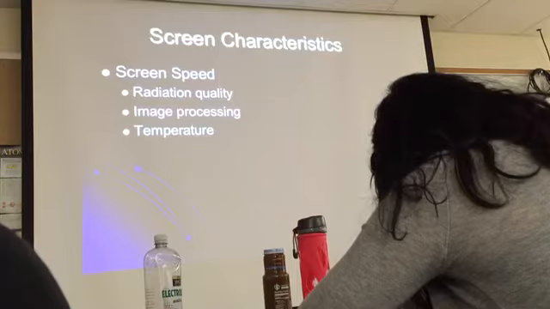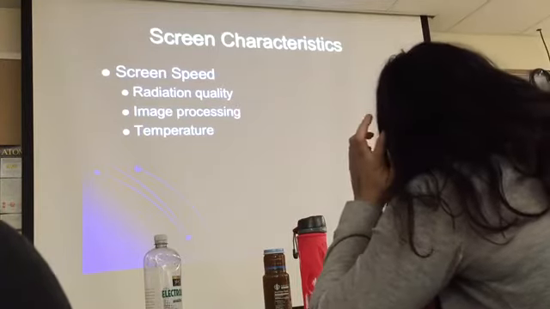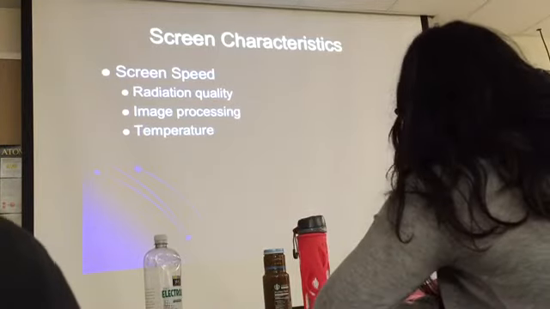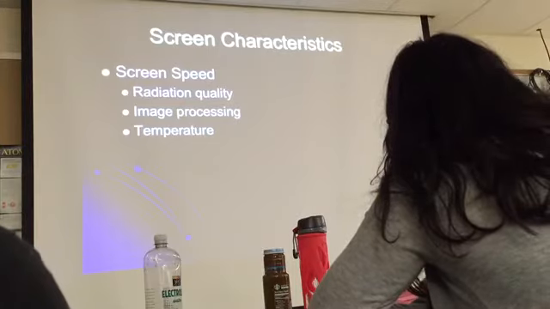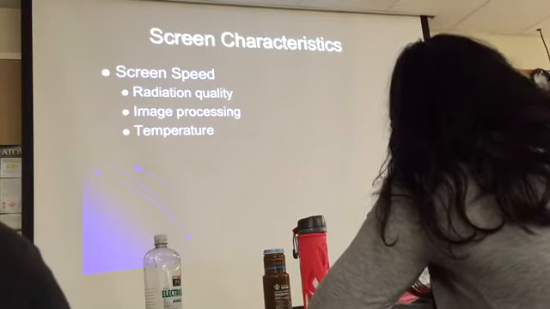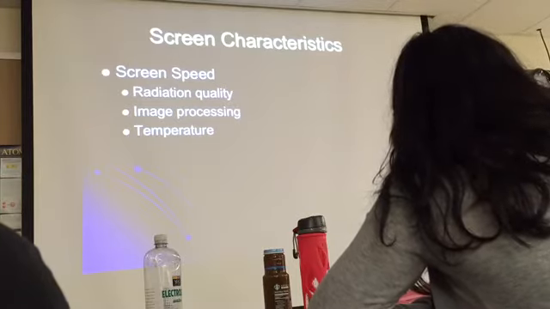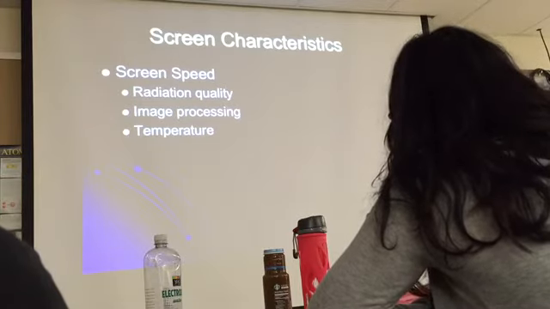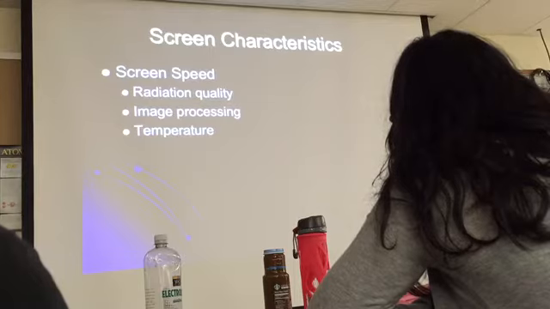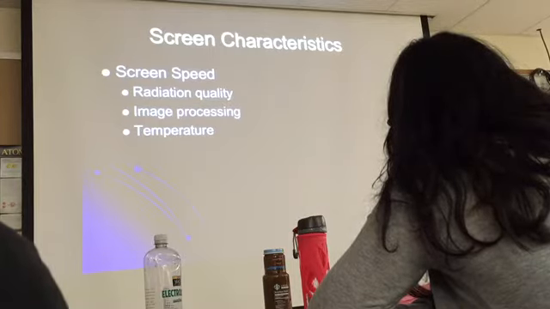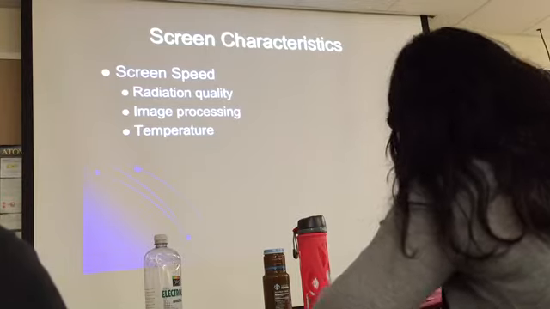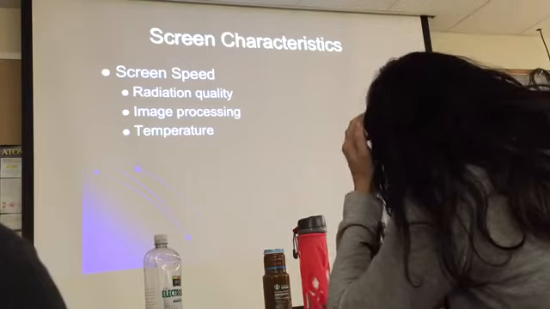Now, if you're thinking, well, for all the different screens and film combinations we have to have different processors? No, that's not the way it was done. What hospitals did is typically they will have three types of screens and maybe two types of film.